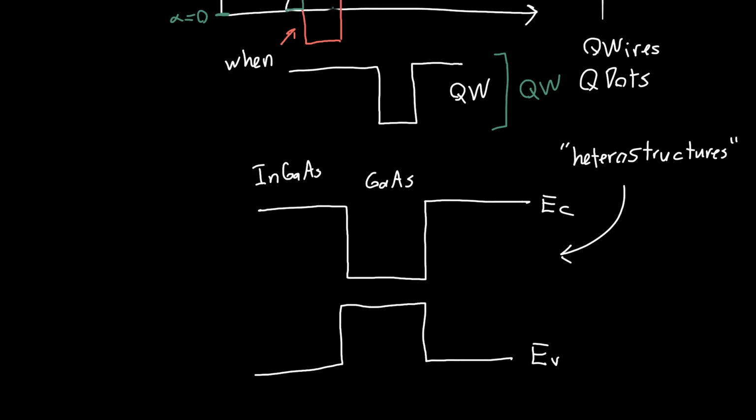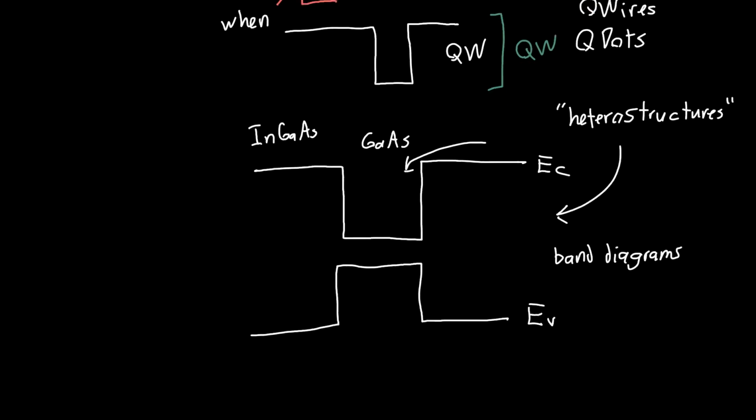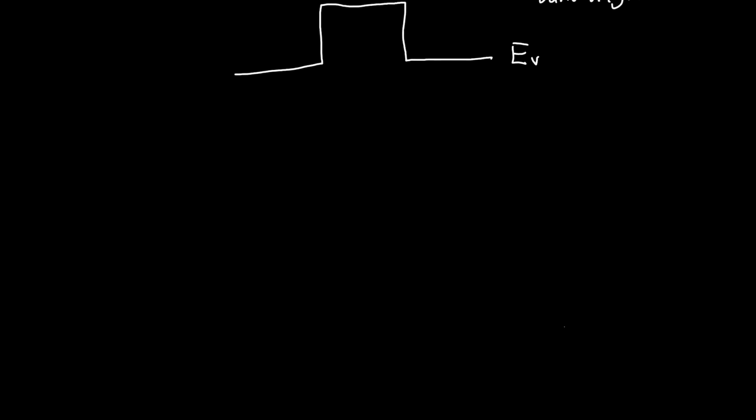And so we'll understand how to analyze them, what their band diagrams look like, what happens when you inject electrons or holes, and where the energy levels are of this system. And from there, the last thing you need to understand before you understand lasers is mirrors. In particular, mirrors in the configuration of resonators.